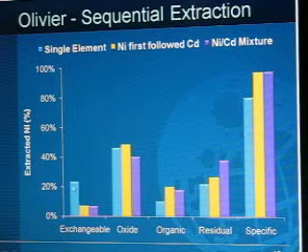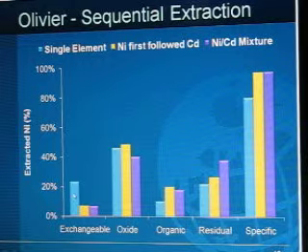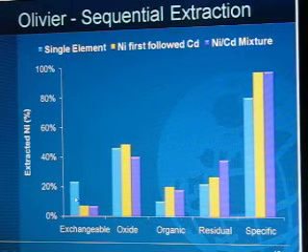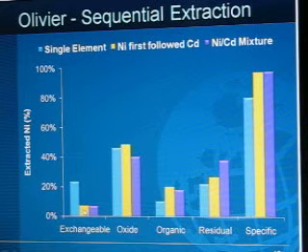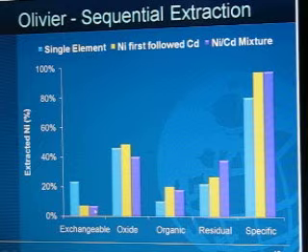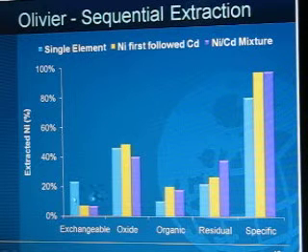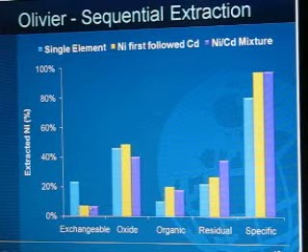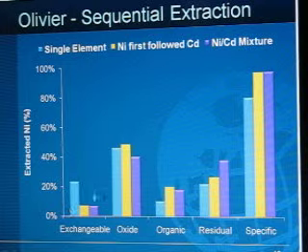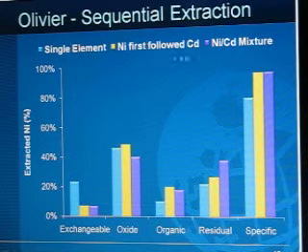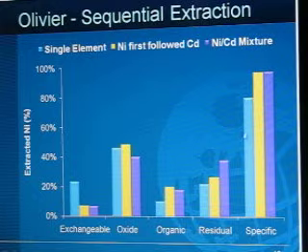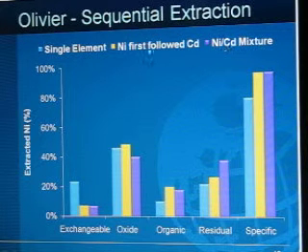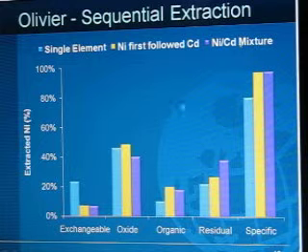The blue is the single element applied into the column system. The yellow is nickel first, followed by cadmium. The purple is the nickel and cadmium mixture. We observe here that the exchangeable fraction decreased when the competition was present, and the specific sorption increased when the competition was present.